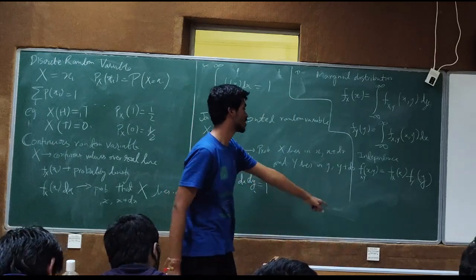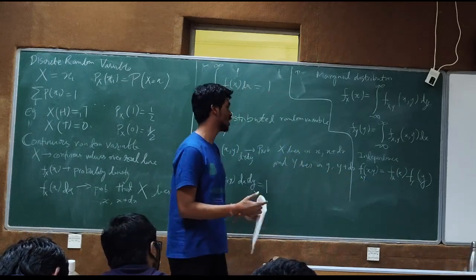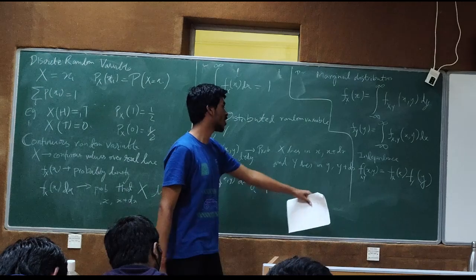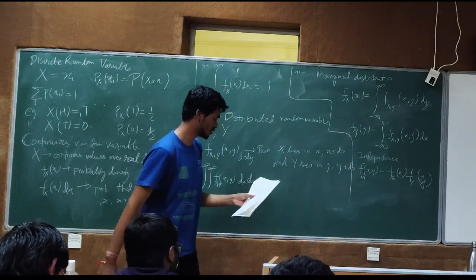So this is the definition for independence of two random variables. Basically, the joint distribution function separates into a product of the marginal distribution functions.